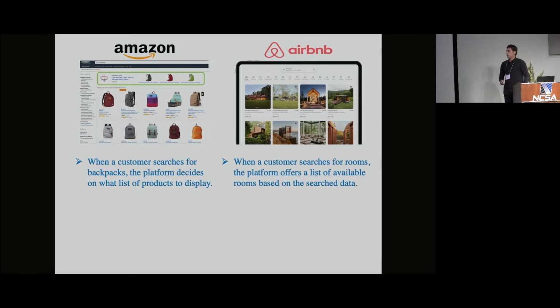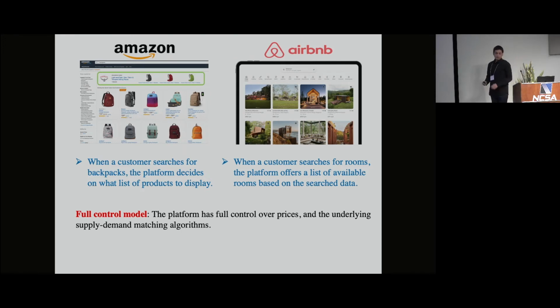But there is a difference between the amount of power that you give to an online platform. Sometimes the platform has full control over how to set the prices and how to match the supply and demand. Uber is an example of this scenario, where it decides how much to charge the passengers and how to match the supply and demand.